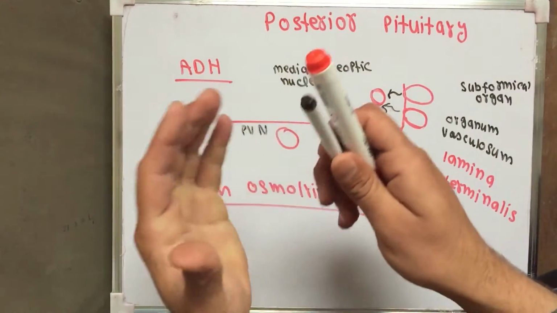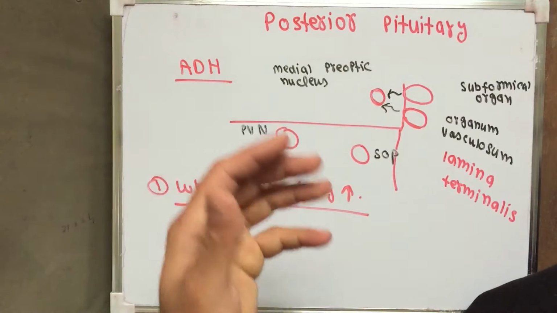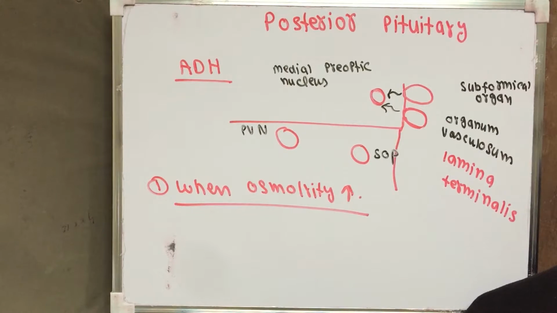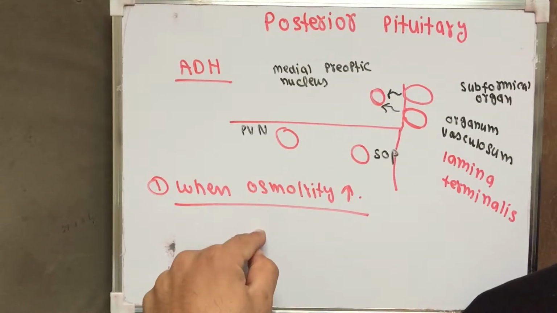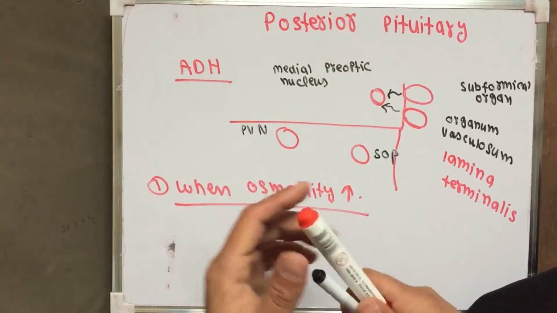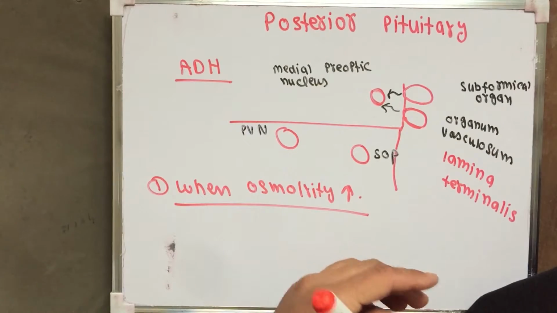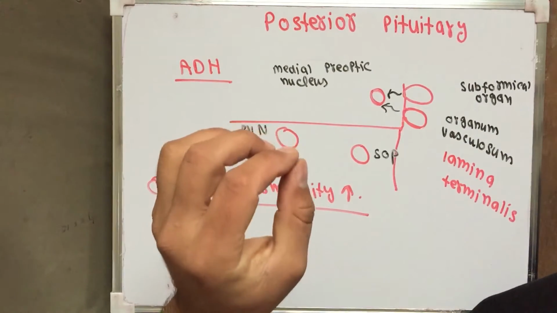We know that the posterior pituitary and hypothalamus are connected by axons. So action potentials go from these nuclei, supraoptic nucleus and paraventricular nucleus, to the posterior pituitary, which tells it to release antidiuretic hormone. Thus, antidiuretic hormone is released.